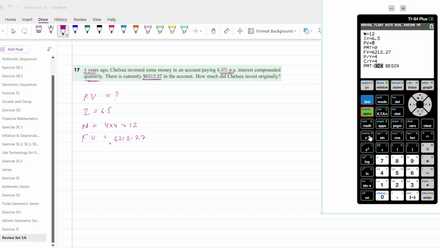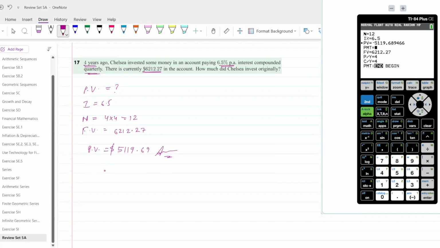So calculating the present value, it comes out to be negative 5,119.69 dollars.